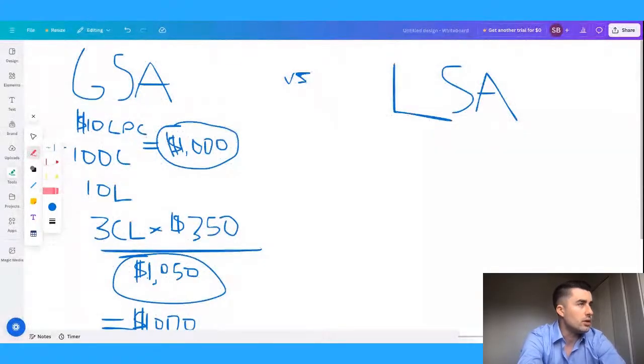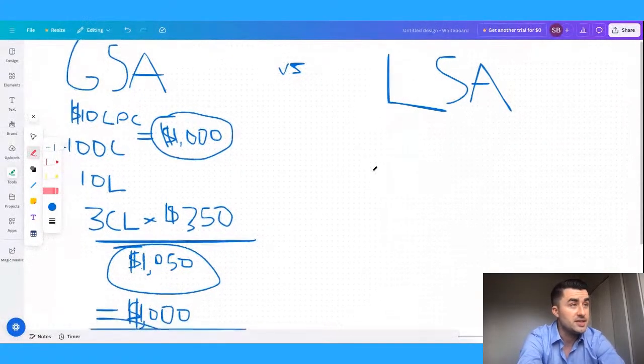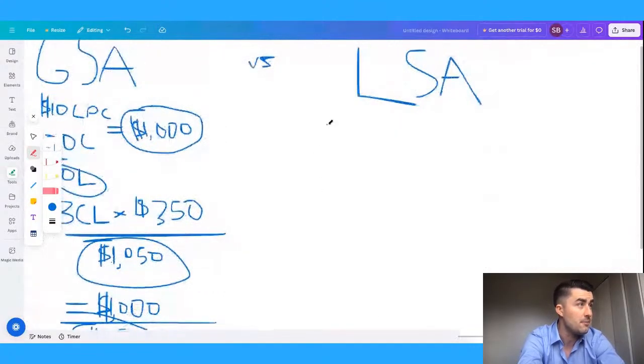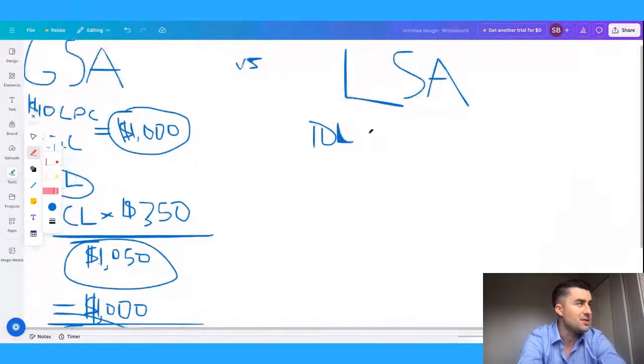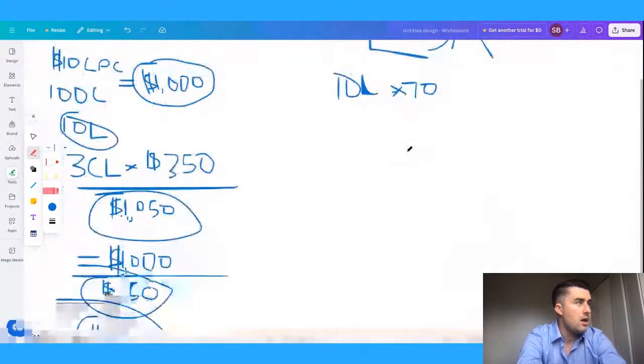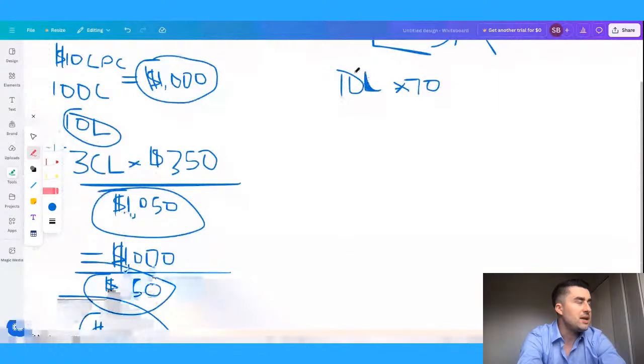So let's do the same number here. We'll keep 10 leads. So 10 leads, right, times 70. Let's say because it's LSA and the people are actually coming to us, let's just say that we were actually able to get 5 closed deals, right?